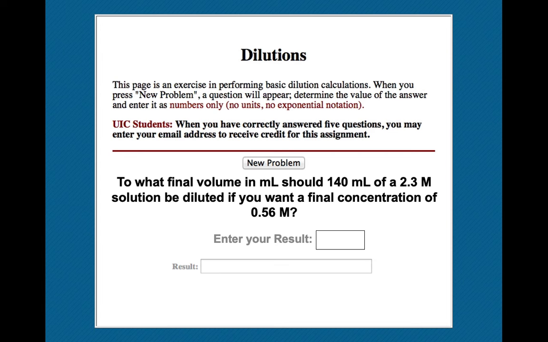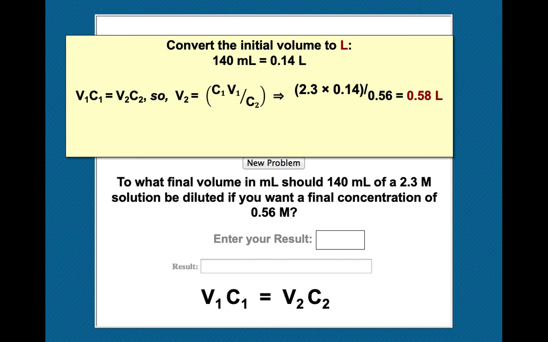So V1, C1, C2, looking for V2. V2 is C1 V1 over C2. Plug it in, 0.58 liters. For some reason, the computer wants you to put that into milliliters. Simply multiply by 1,000: 580.